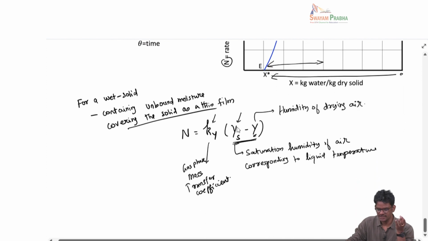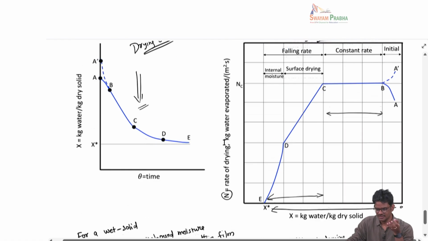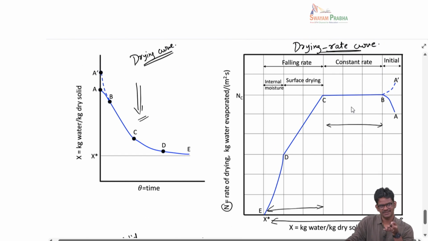And then if you write the expression for gas phase mass transfer, all the quantities involved, the driving force and the mass transfer coefficients, are all constant. So you can say that the constant drying rate period that you see here is characteristic of the drying of an unbound moisture.